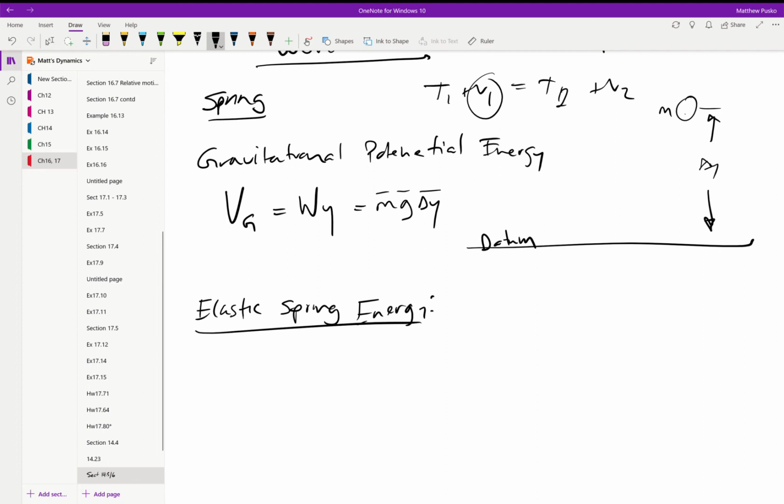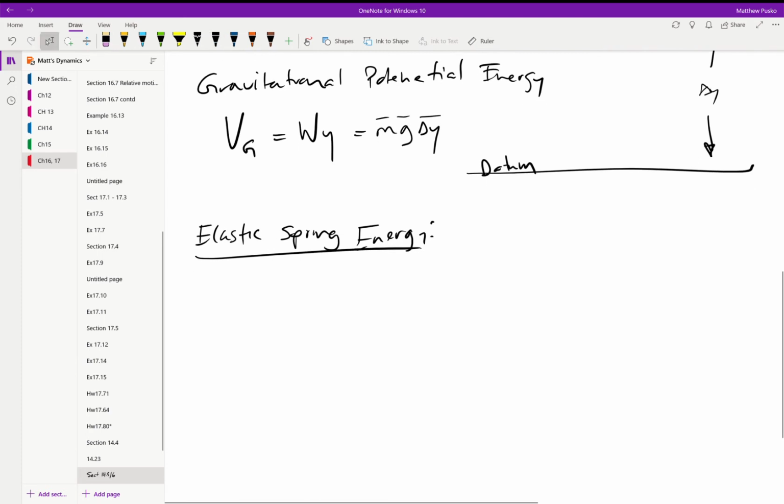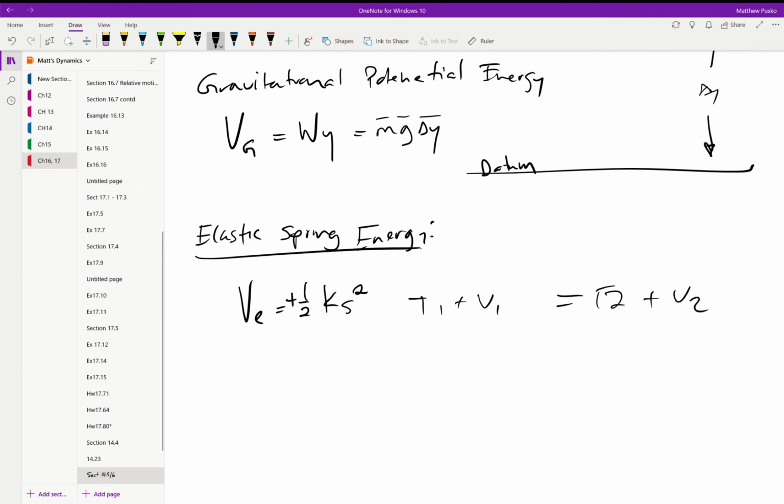We have seen a negative sign before, but if we use conservation of energy, the spring energy is always positive. You just got to put it on the right side of our equation. Our T1 plus V1 is equal to T2 plus V2.